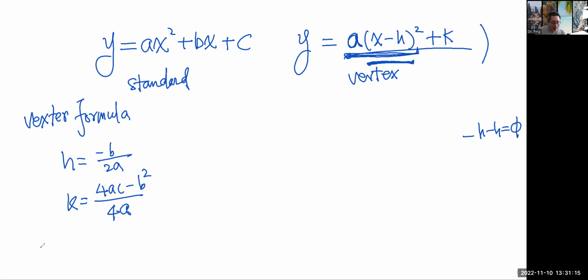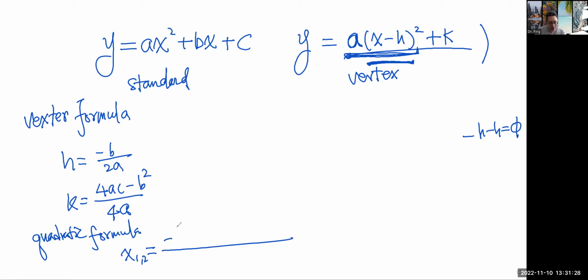And then we have the famous quadratic formula: x1 or 2 equals minus b plus or minus the square root of b squared minus 4ac, over 2a.